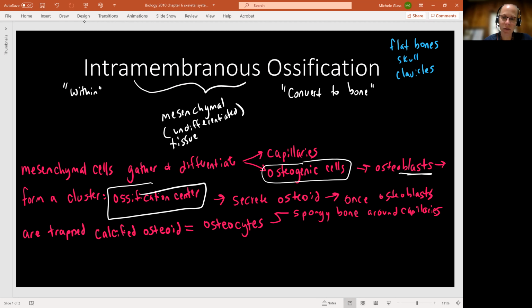And then on the surface, we get the periosteum formed. Remember here we're making a flat bone, so we're actually making that compact bone, spongy bone, compact bone sandwich with the periosteum wrapper. And then the periosteum is going to be important in helping to create the compact bone that is on the outside.